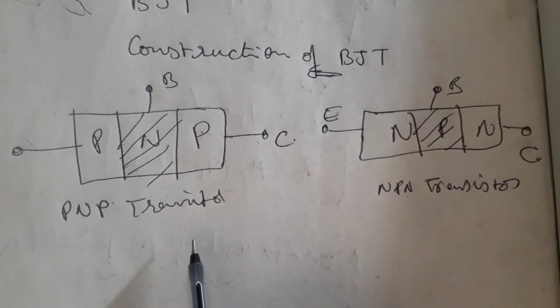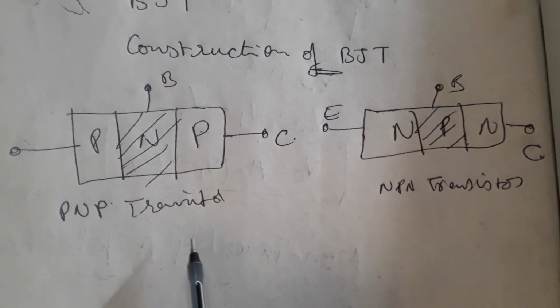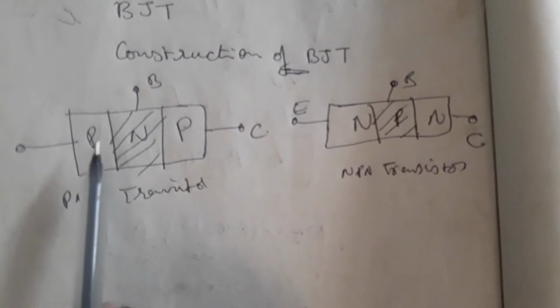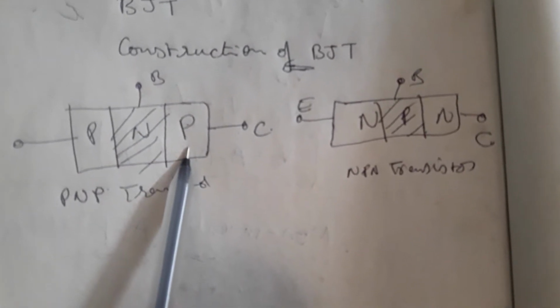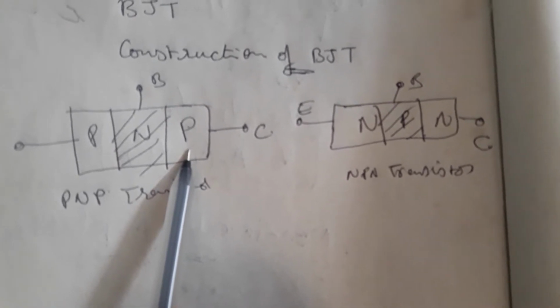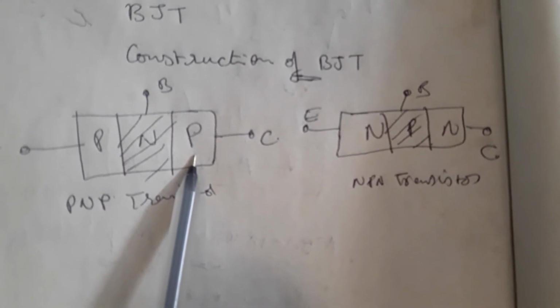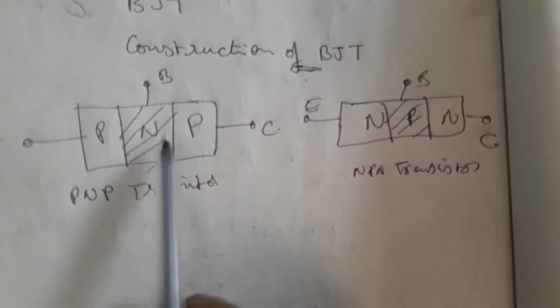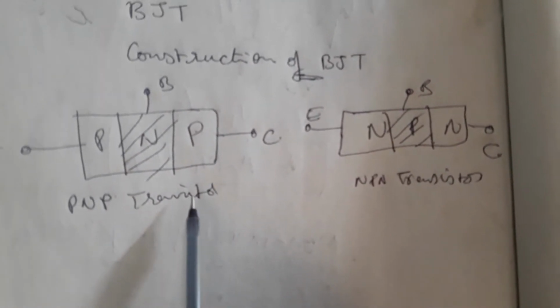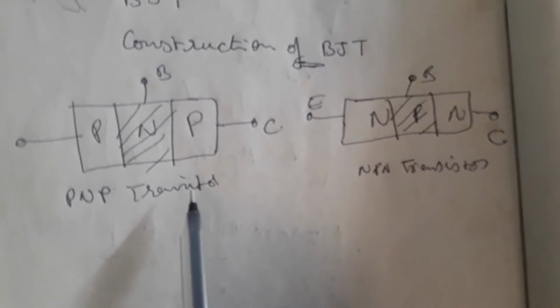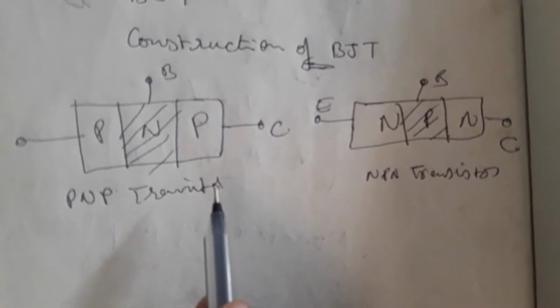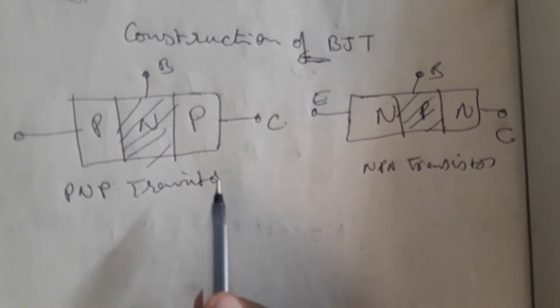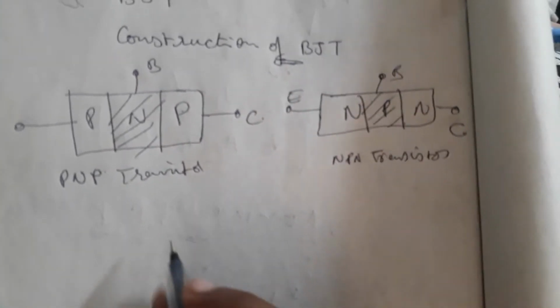The three portions of the transistor are emitter, base and collector, E, B, C respectively. The arrow on the emitter specifies the direction of current flow when the EB, emitter base junction, is forward biased.